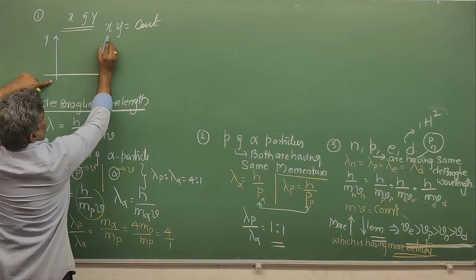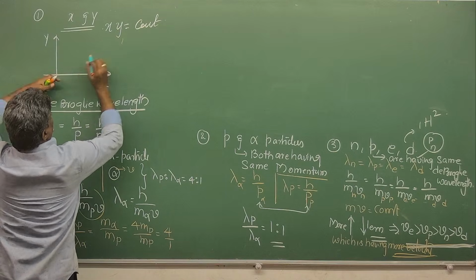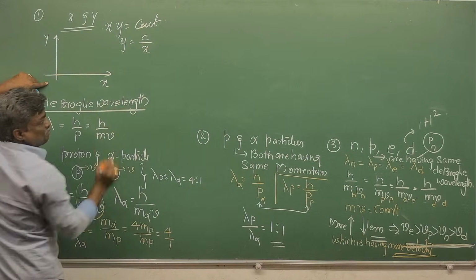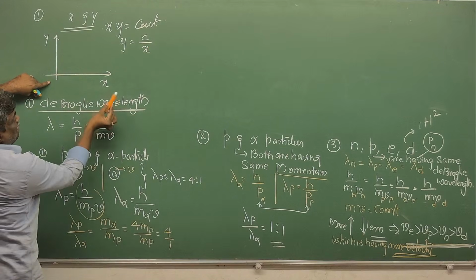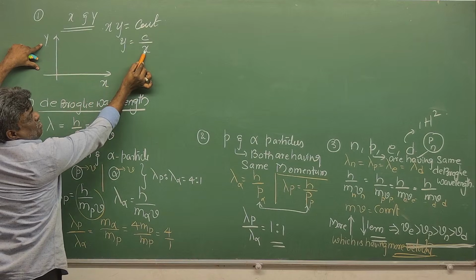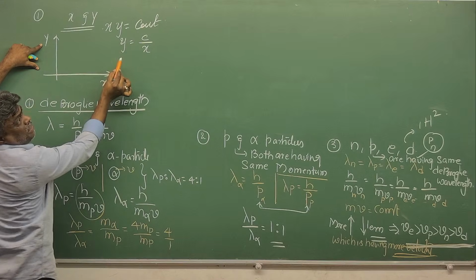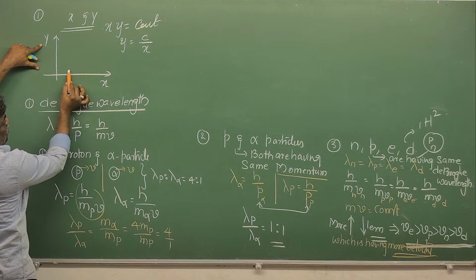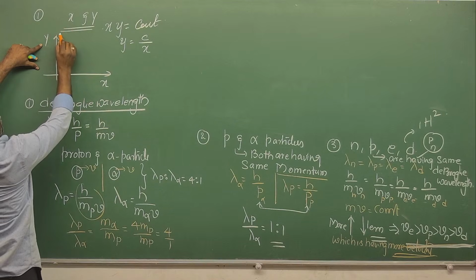Sir, x into y equal to constant means y equal to constant by x. Yes. Now see, this is the y axis, this is x. Put x equal to 0. Y equal to? As x is tending to 0, y is going to infinity.